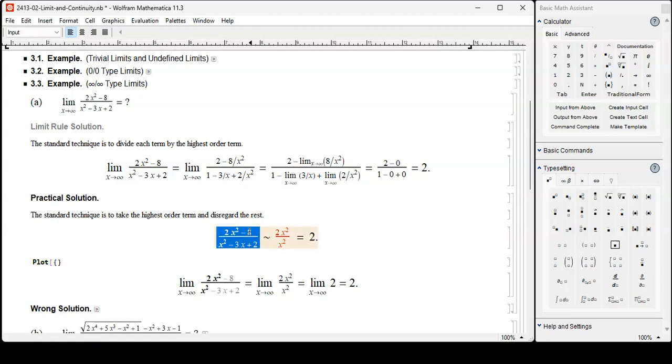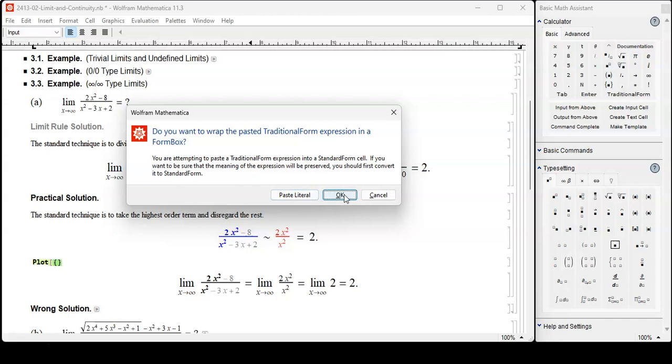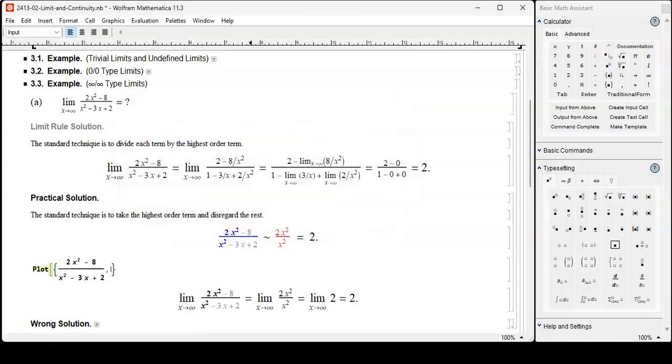So this thing here and then this thing there, oh, I don't want color. Let's use this one.